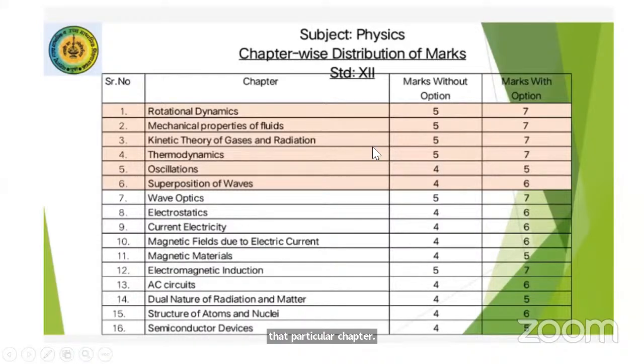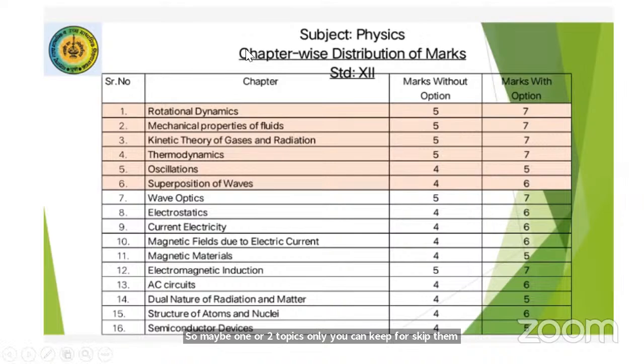The entire content is divided roughly into 4 parts: mechanics and properties of matter, heat, light, electromagnetism, and modern physics. Depending on which part you are more comfortable with, you can prepare it 100%, and in the other part, if you feel 1 or 2 topics are very tough to understand, you can skip them or keep them for option.